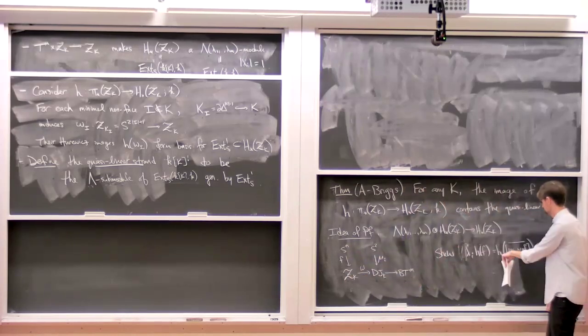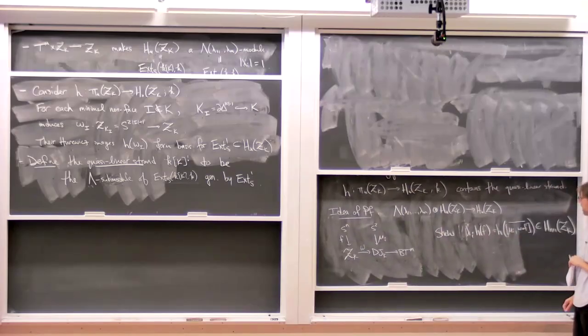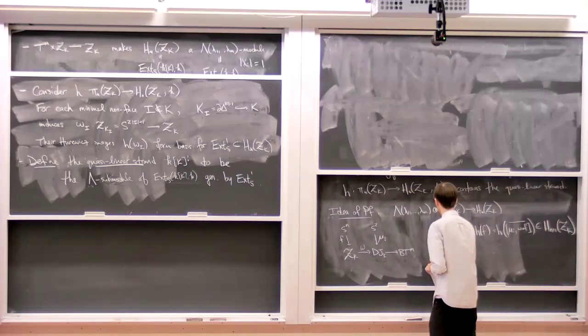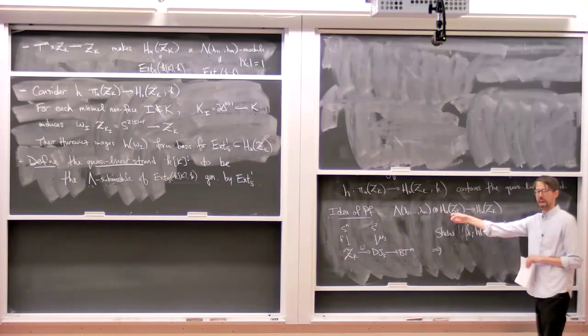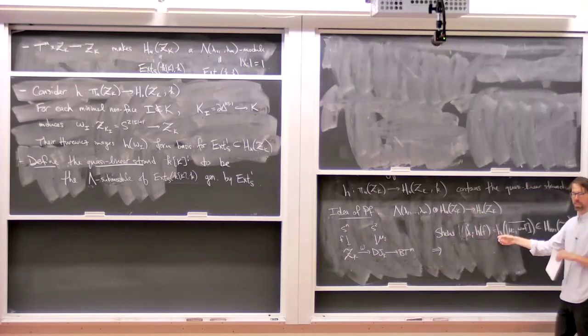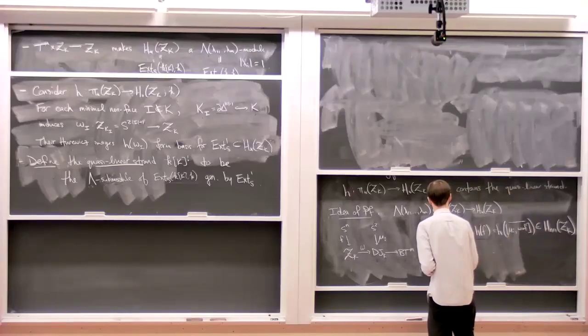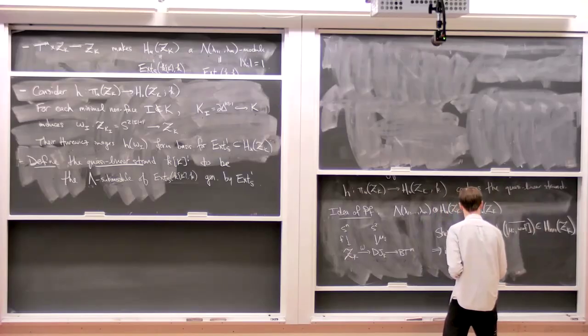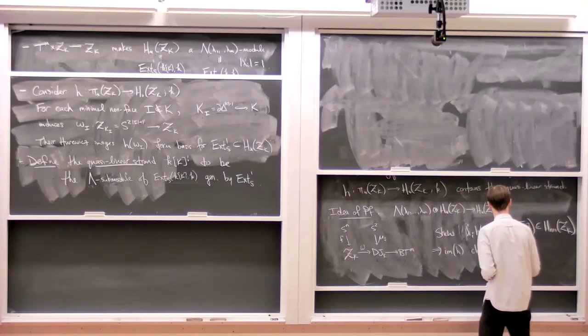So the point of this little equation here is just that the Hurewicz image is closed under this lambda action, right? If I take any spherical homology class, like H of something, and I act by lambda, I get H of something else. So the Hurewicz image is closed under the lambda action.